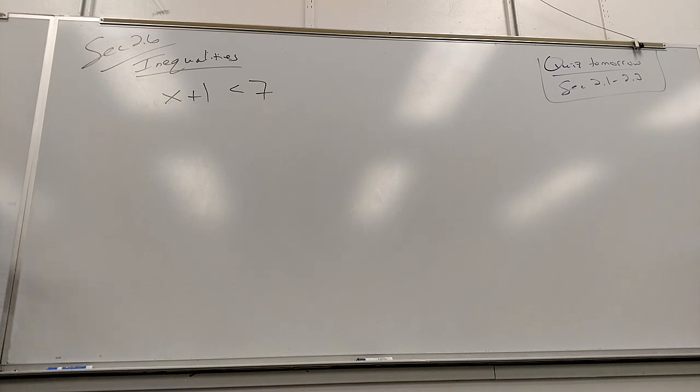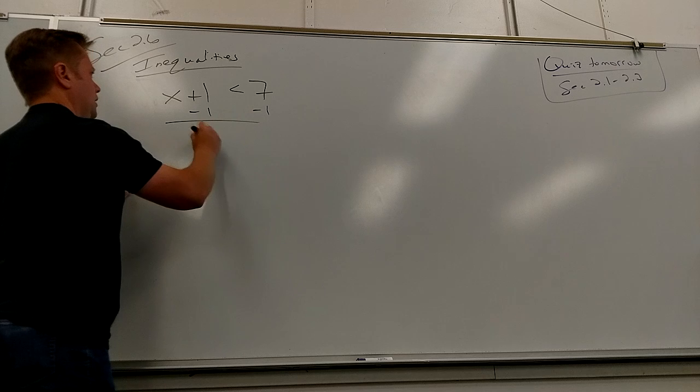It has to be less than 7. So how do you solve that? Everything's the same except for one thing. We'll get into that one thing in a minute. Minus 1, minus 1. x less than 6.